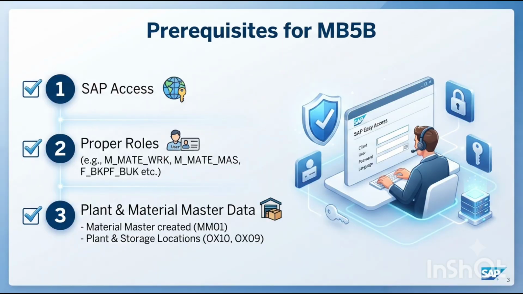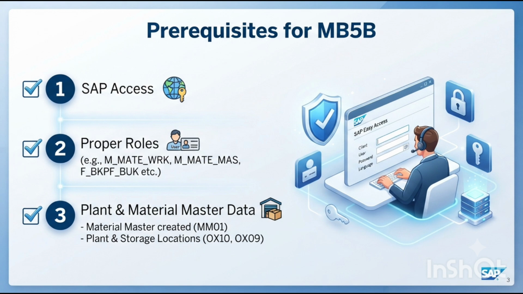Before running MB5B, make sure you have the required access. You need proper authorization objects like M_MATE_WRK for plant level and M_MATE_STA for stock type. Your user ID should have access to the relevant plants and storage locations. Also ensure that material master and plant data are properly maintained.